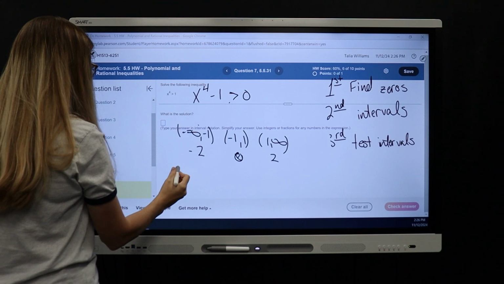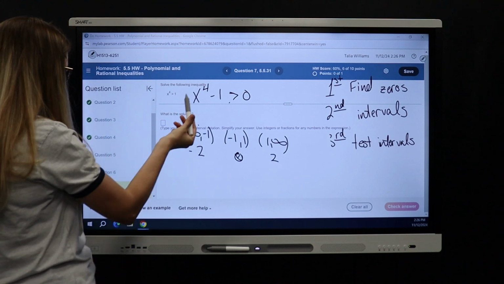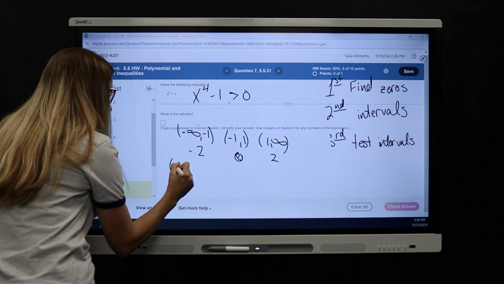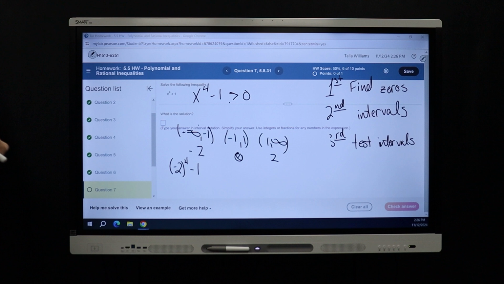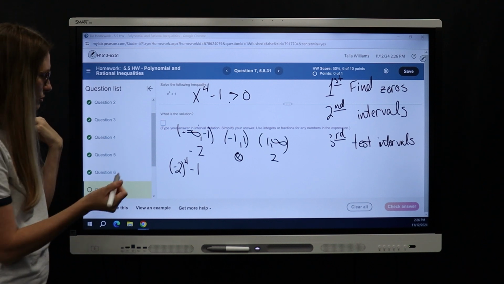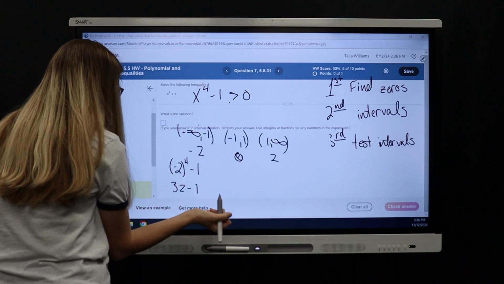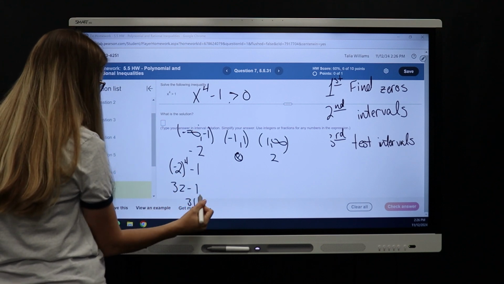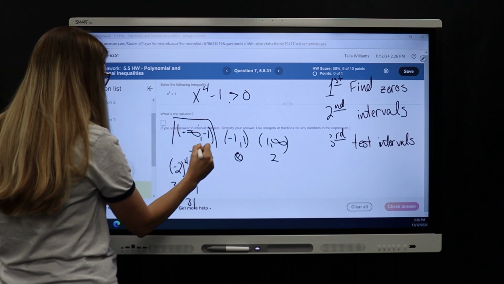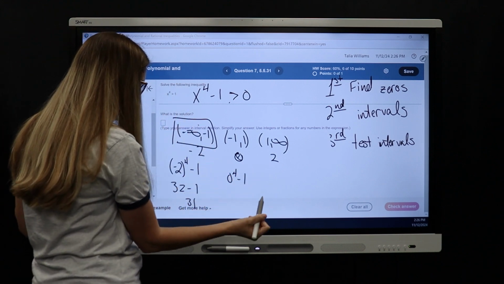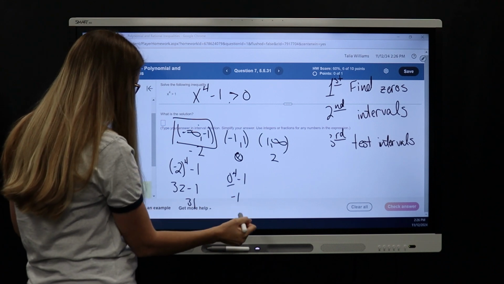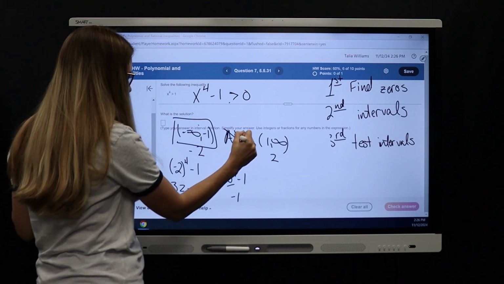I'm going to test it in this one because I only had 1 as my number, so I'm going to do negative 2 to the 4th power minus 1, and I'm testing to see if that's greater than 0. So negative 2 to the 4th power would be 2 times 2 is 4 times 2 is 8 times 2 is 16, minus 1 is going to be 15. That is greater than 0, so that is a solution. If I put 0 in, 0 to the 4th power minus 1 is going to be negative 1. So this one is not.